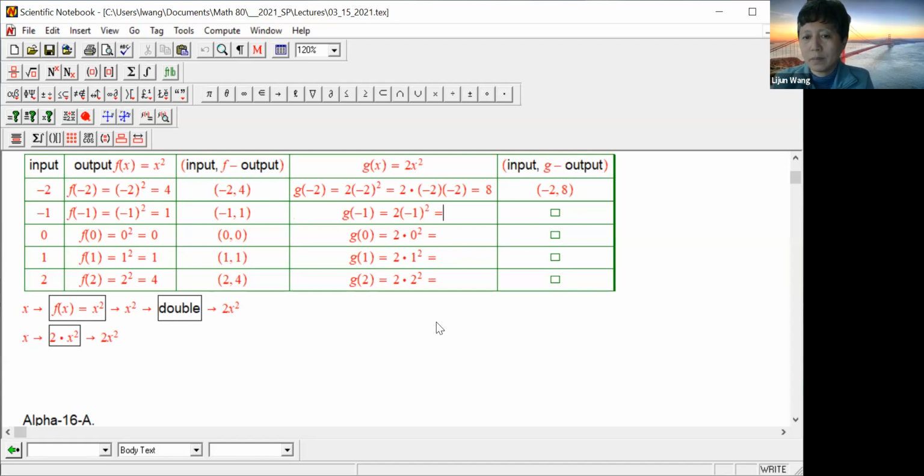Any questions? So this is 2 times -1 times -1, and in the end we get 2. So the second point is -1, comma 2.